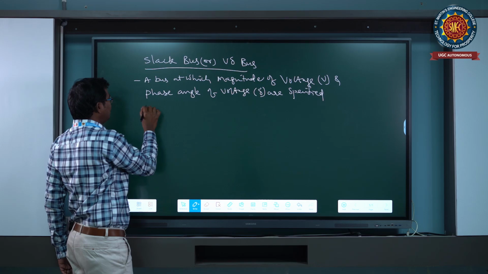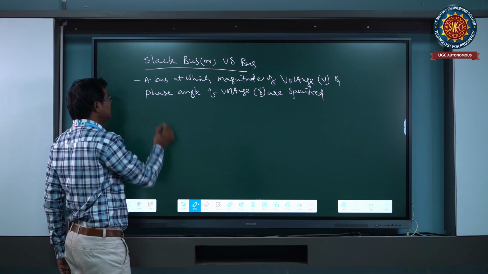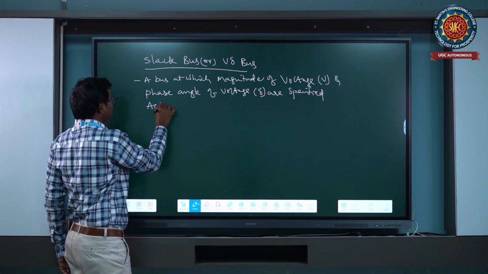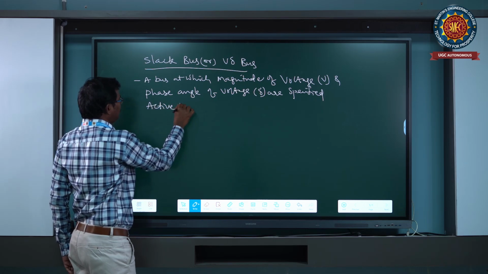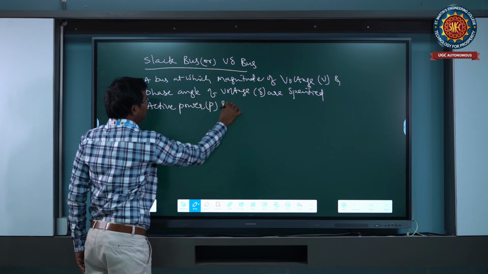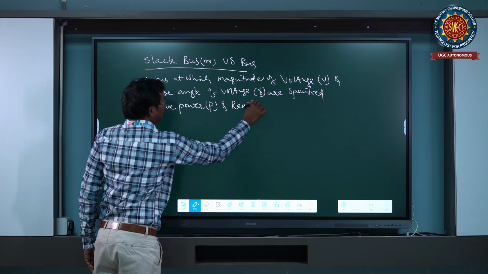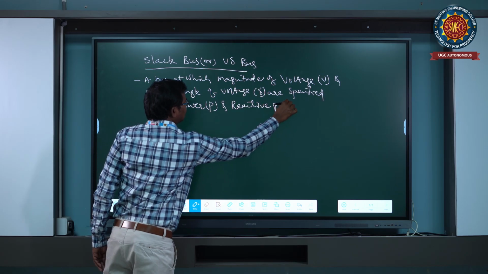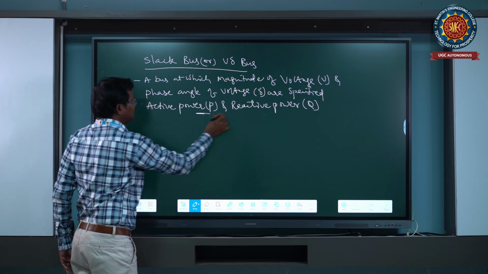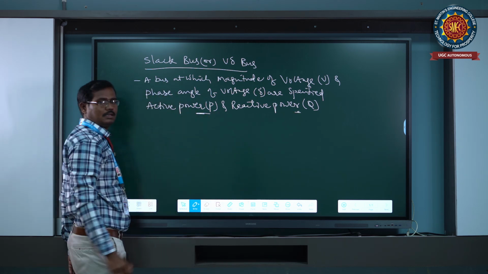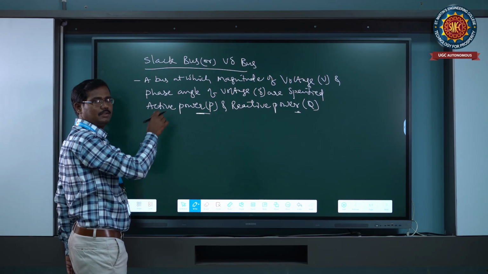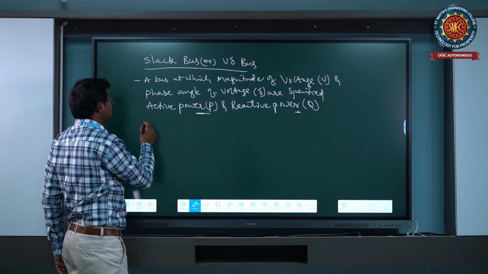And the other two quantities, active power P and reactive power Q, are not specified. We can determine these two quantities using the load flow equations.